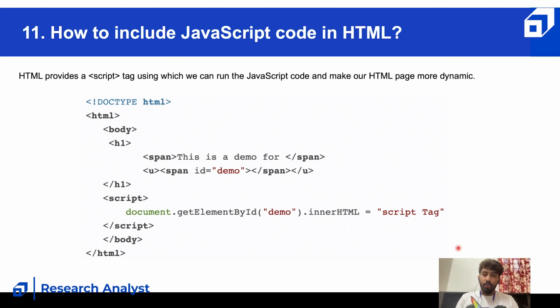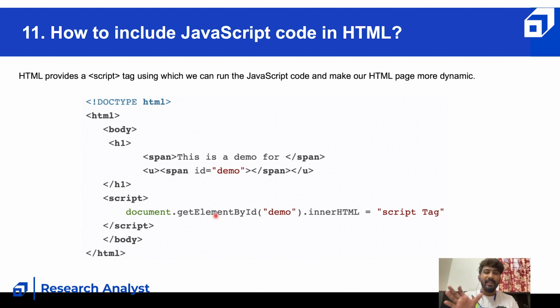For example, you can look over here and it says script document.getElementById demo.innerHTML equal to something, within the script tag. So in this case, they are basically having an id demo. Okay, so they want to get the element which is inside that particular h1 tag. Okay, so that is within the script tag itself.